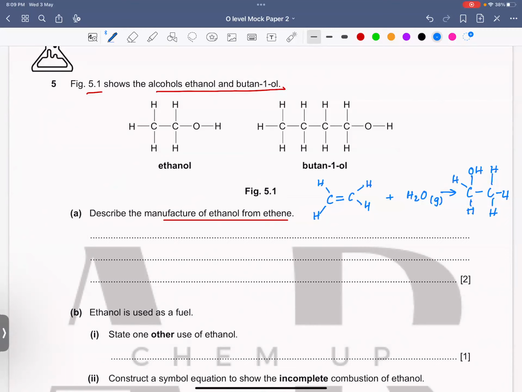So we have to describe it. We can say that ethene reacts with steam in the presence of an acid catalyst.